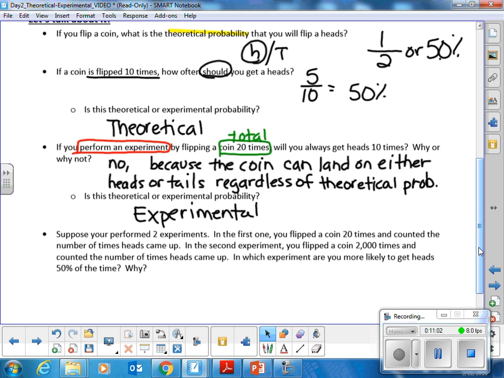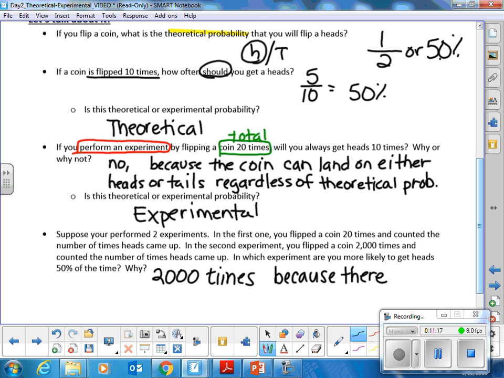And the answer is, when you do it 2,000 times, because there are more chances for it to land on heads.